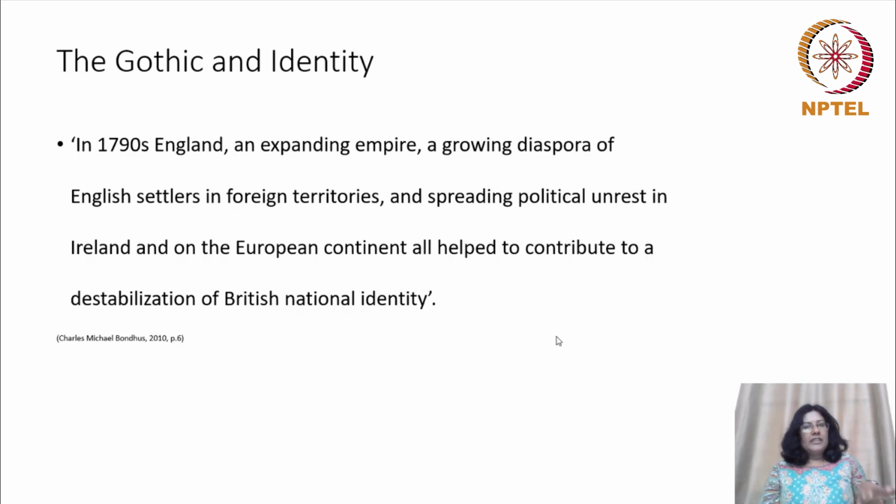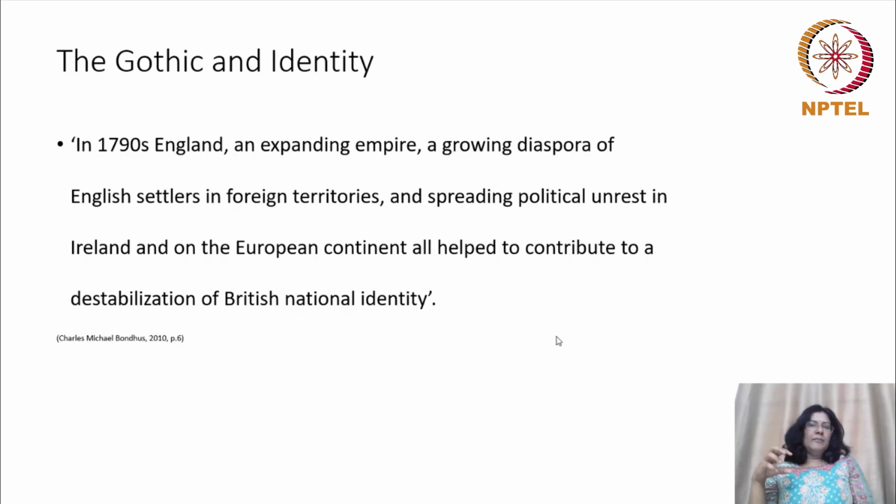In this critical comment, you can see a list of factors which is kind of threatening the British cultural identity, national identity. What does it mean to be British? What is the ideal British characteristic?